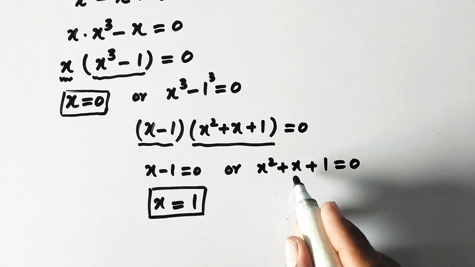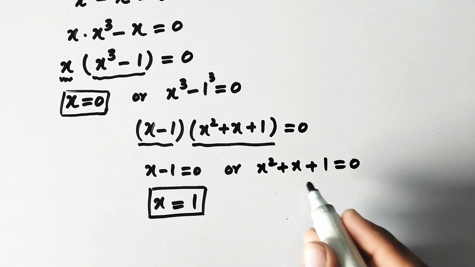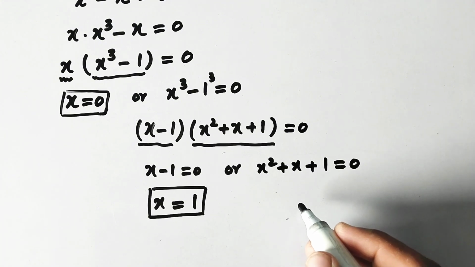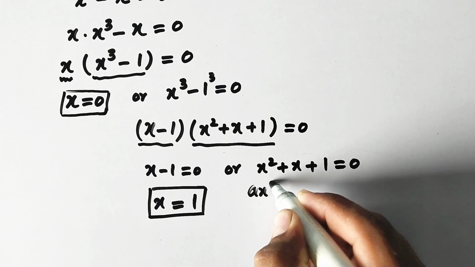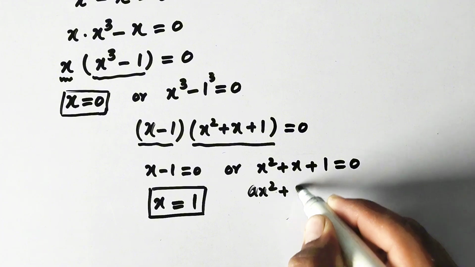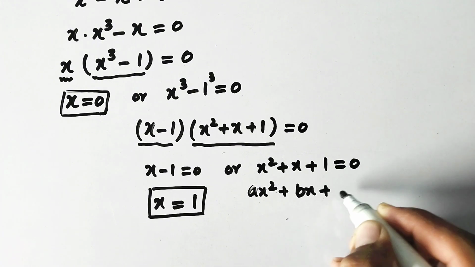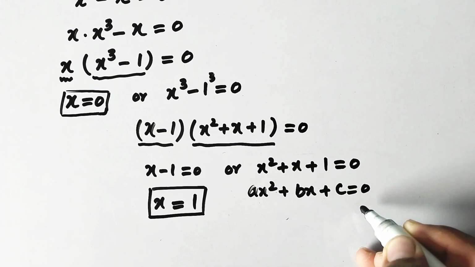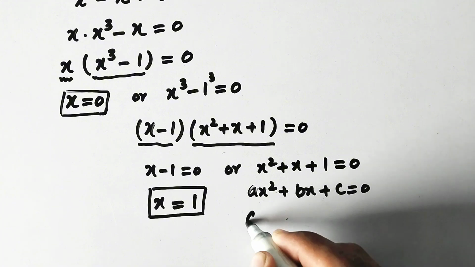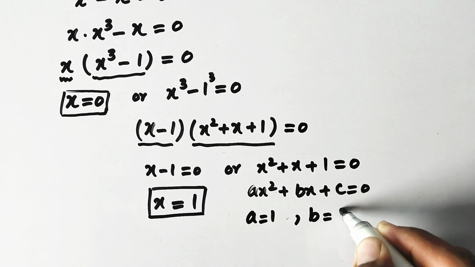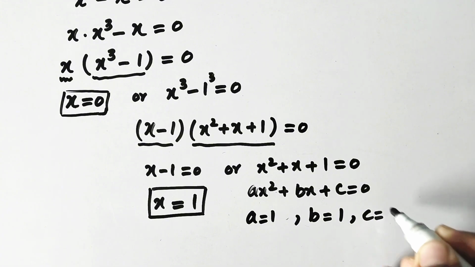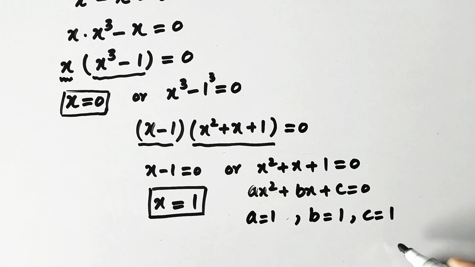While here we are getting a quadratic equation, so we will solve it further using the quadratic formula, as here is a form of quadratic equation like ax square plus bx plus c equal to 0. So here a is equal to 1, b is 1, and c is also 1.